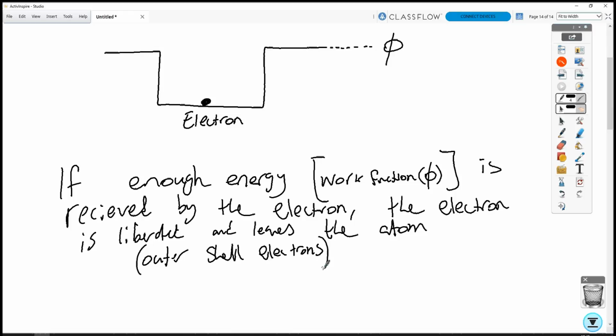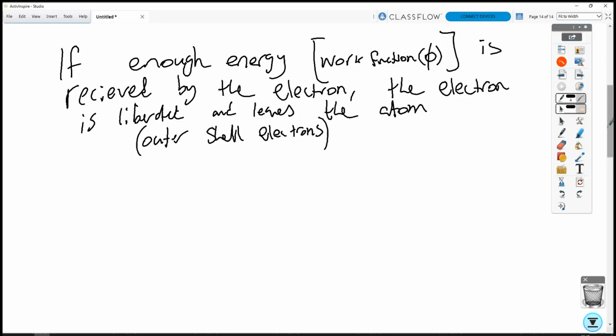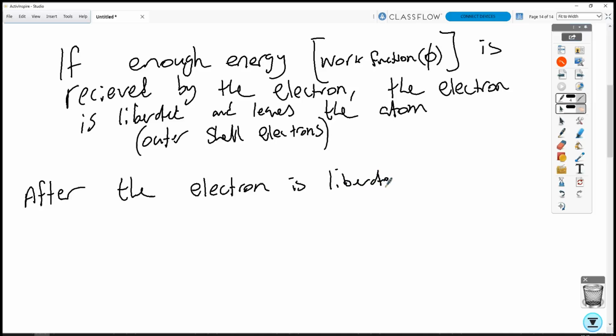So if the electron has left the atom, ionization has occurred because now you have one fewer or multiple fewer electrons. So therefore that atom has become more positive because it has more protons now than it did electrons. And so overall its charge has become positive and it's now known as an ion. So we don't call it an atom anymore once it's charged. So after the electron is liberated, there are more protons than electrons.